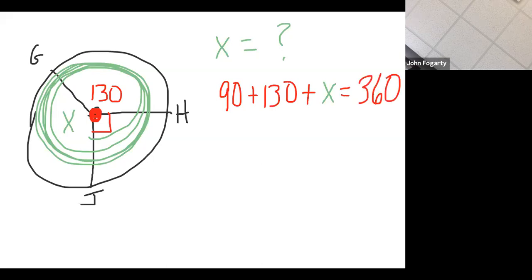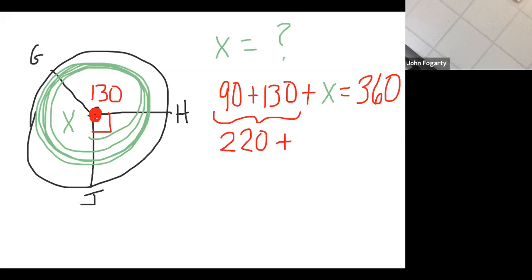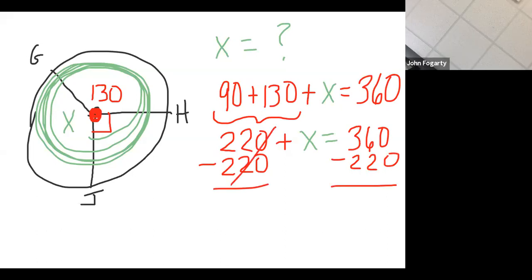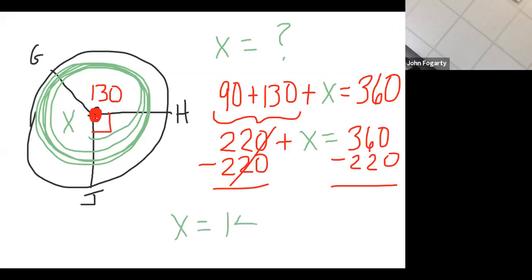So if I add 130 and 90 together, what do I get? 220. 220 plus X has to equal 360. Now, get X all by itself. What would you do? Subtract 220 from both sides. Thank you. And then you end up with X equals 140. 140 degrees, right? Does that make sense?